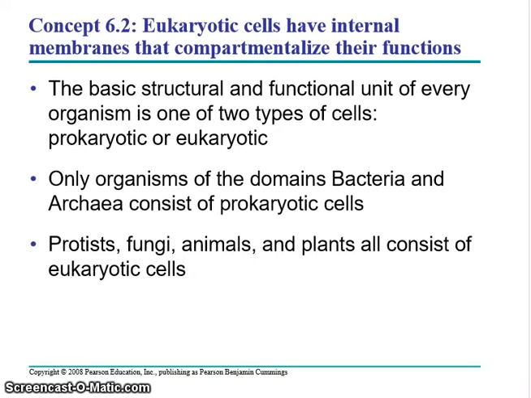Probably what's more important is this idea of eukaryotic and prokaryotic. Now, if we could take every living thing on the face of the earth and classify them based on the type of cell that they have, we would end up with 2 or 3 major categories. If we say 2 categories, cells can either be prokaryotic or eukaryotic.